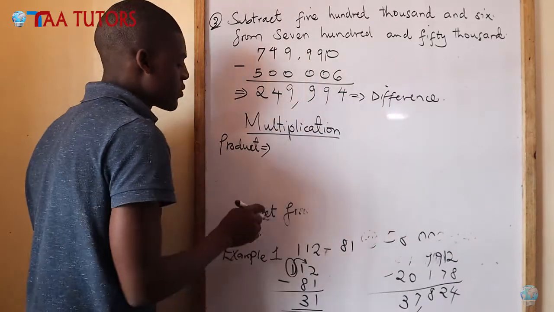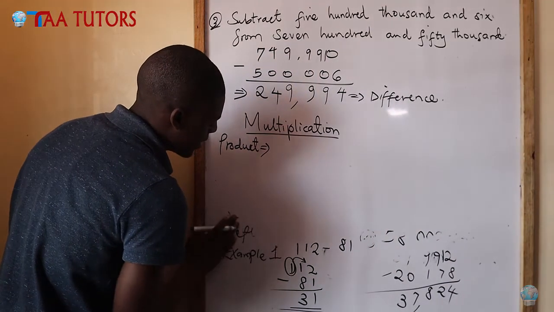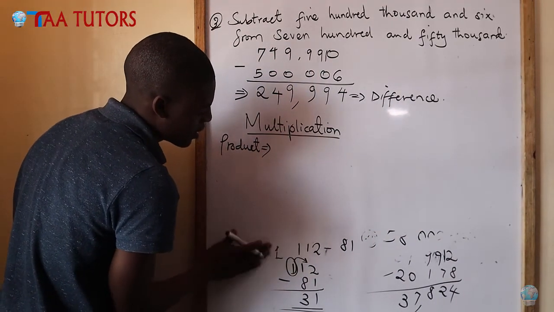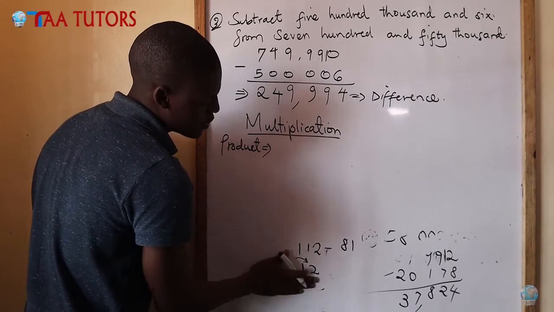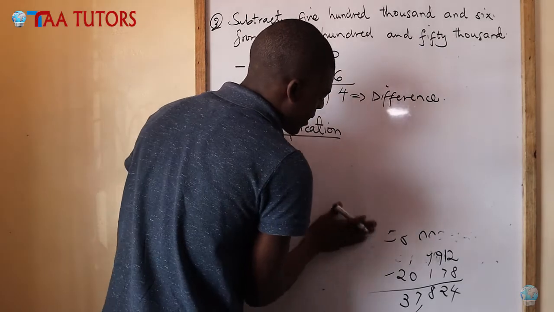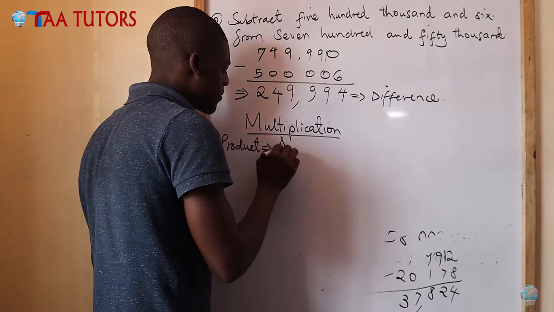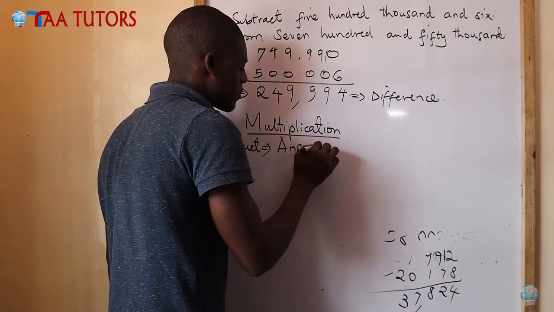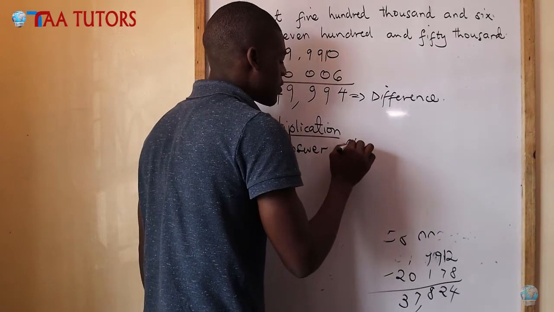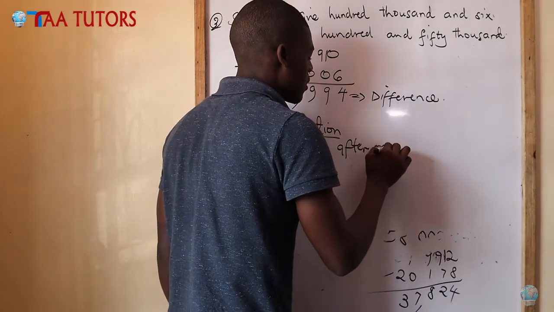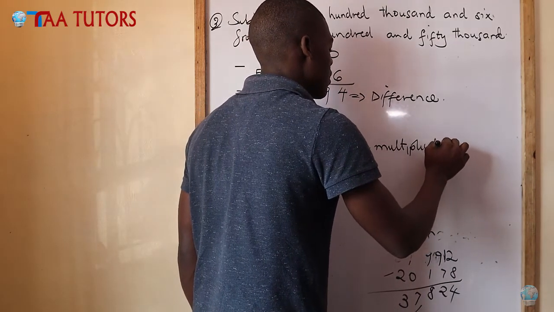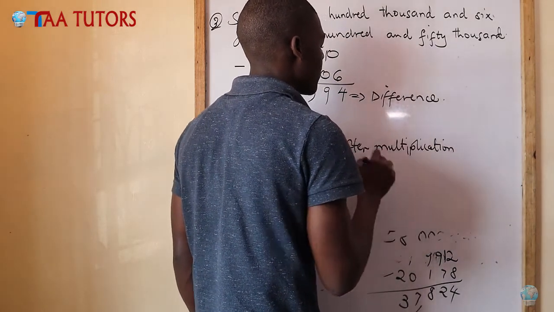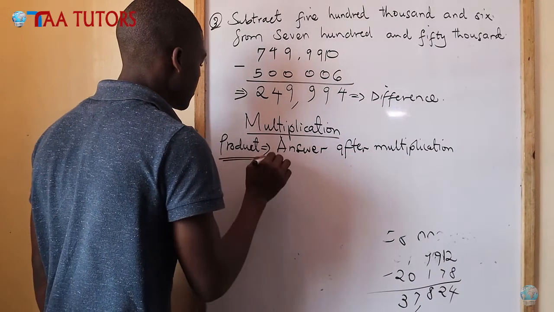Now in multiplication, you will be given a question requiring you to get a product. The question will be, find the product between, then values are there. Now that product is the answer after multiplication. The answer you get when you multiply values, that one now becomes the product.